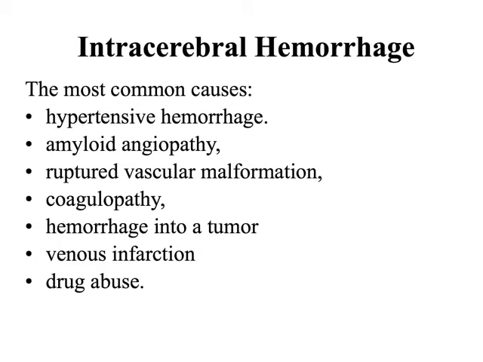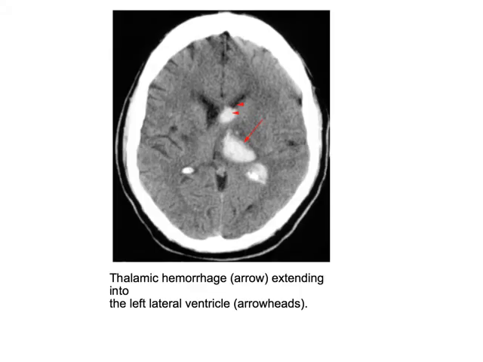Other causes are venous infarction or drug abuse. People who use drugs a lot can have an intracerebral hemorrhage. So here we are within the cerebrum. This is a hemorrhage within the thalamus, and it's poured out into the lateral ventricle.